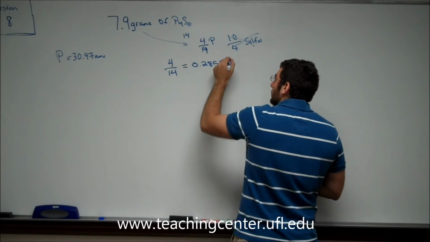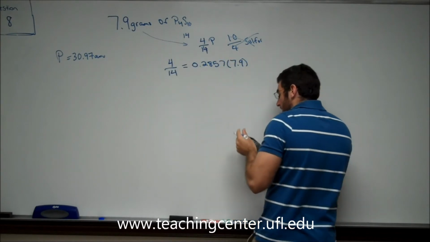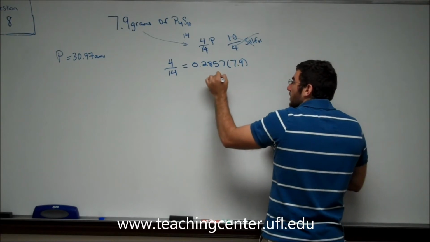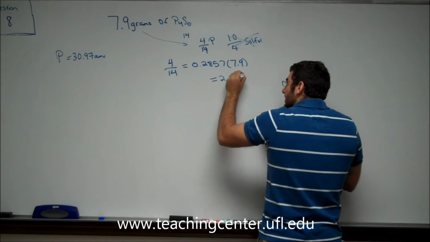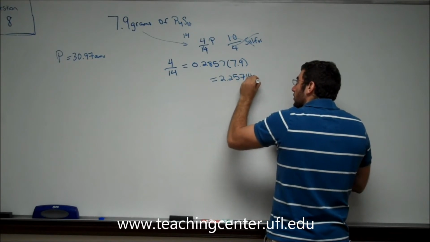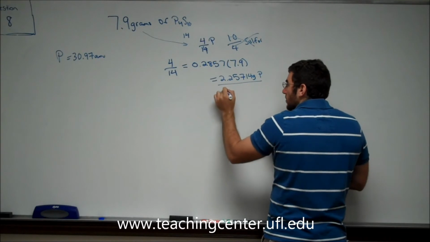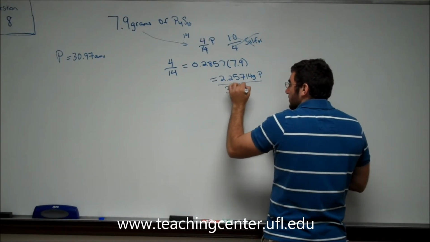And then we're going to multiply that by the total grams, which is 7.9. That gives us 2.25714 grams of phosphorus.